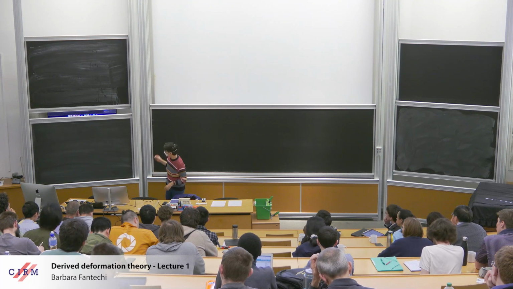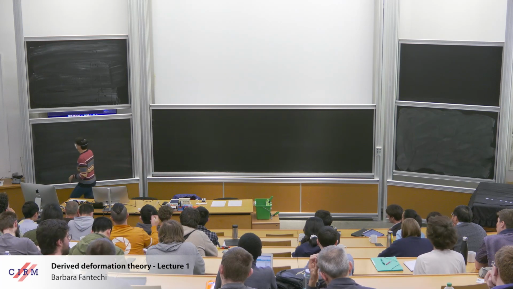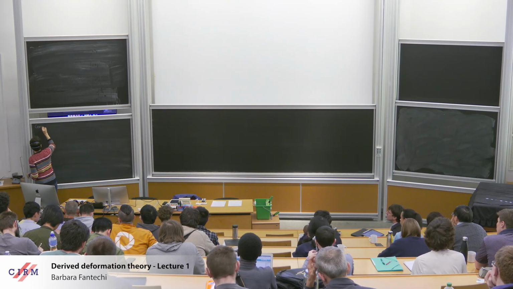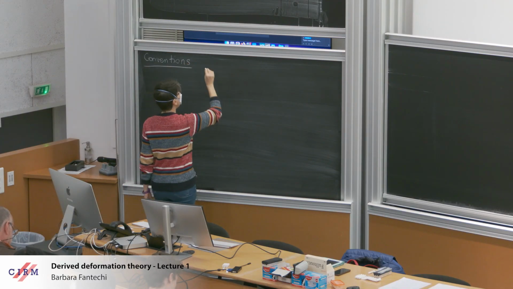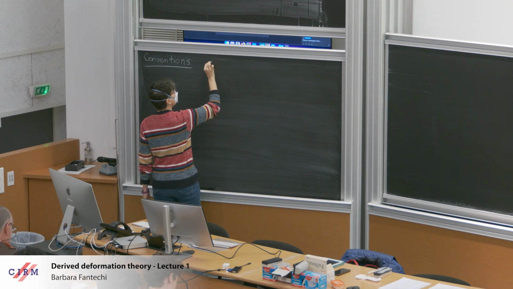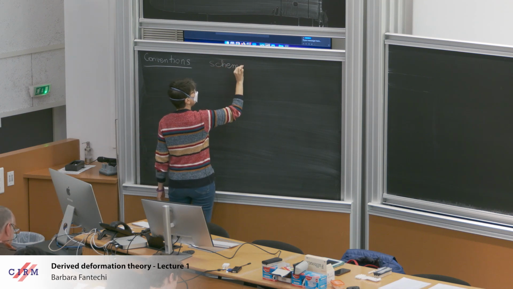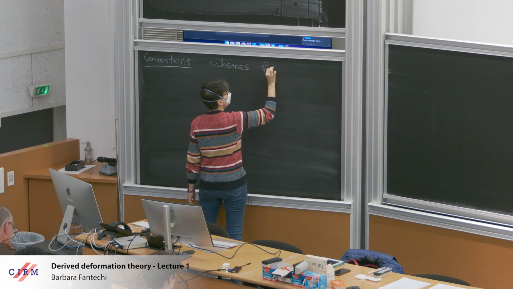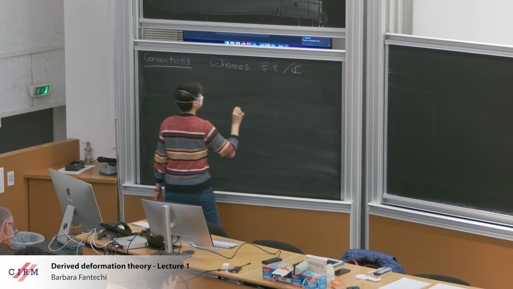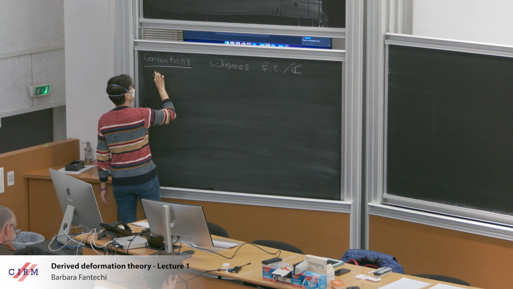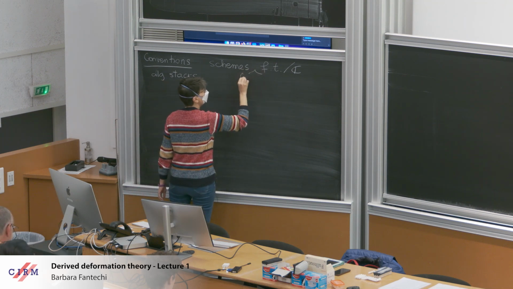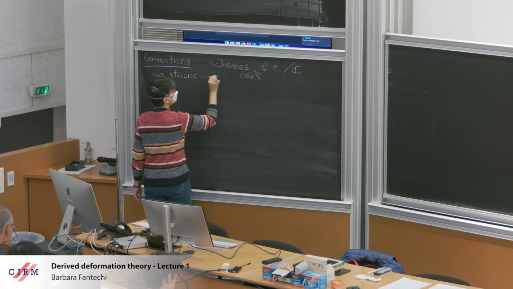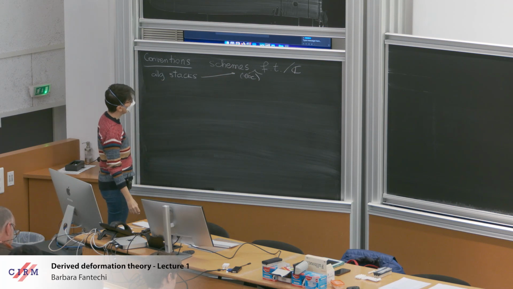So first of all, some conventions. I'm an algebraic geometer, so I will work with schemes, and my schemes will always be of finite type over the complex numbers, and algebraic stacks, and these typically, or maybe sometimes locally, of finite type, and the same for algebraic stacks.